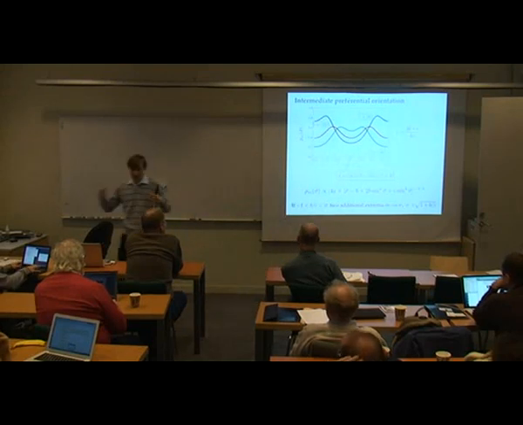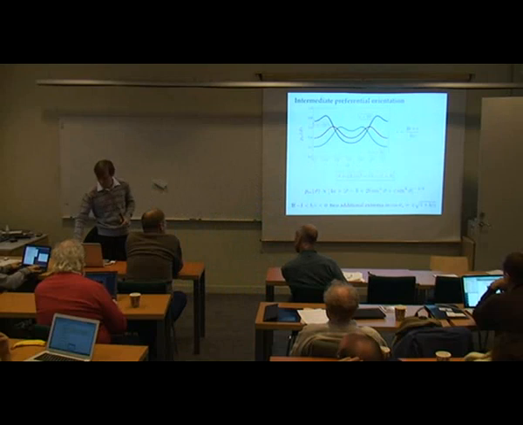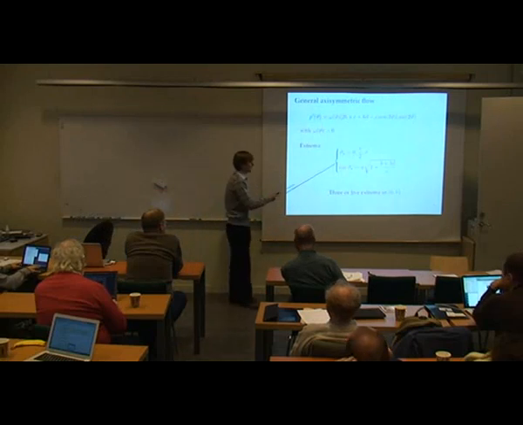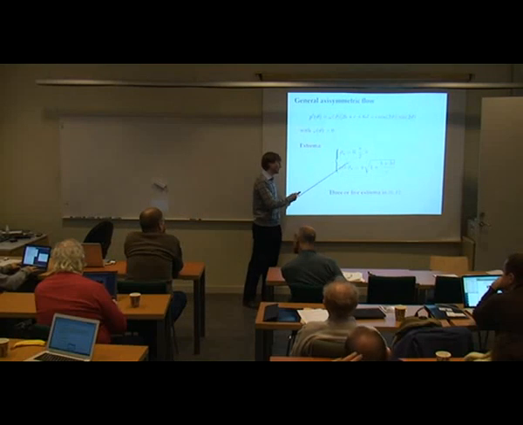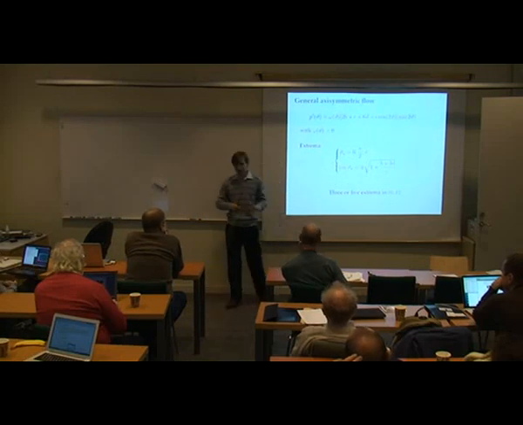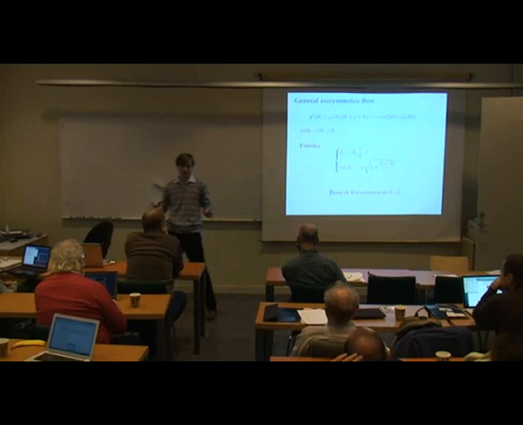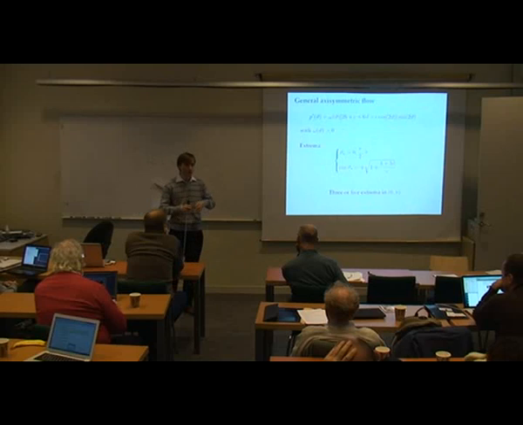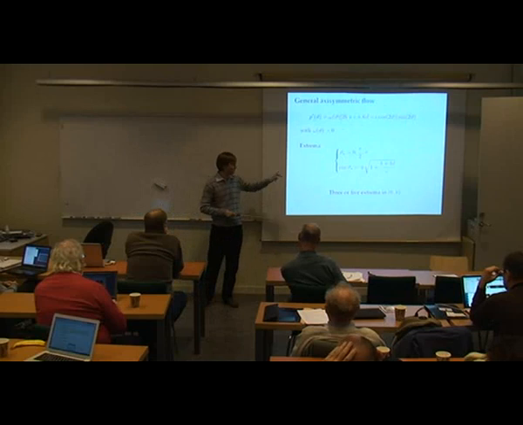But for the general case, for the general axisymmetric flow, it can be easily shown that there are at least 3 minima and at most 5 minima. So the dynamics will be, from a qualitative point of view, exactly the same also for a completely general axisymmetric flow, not only for the case equal to 0.